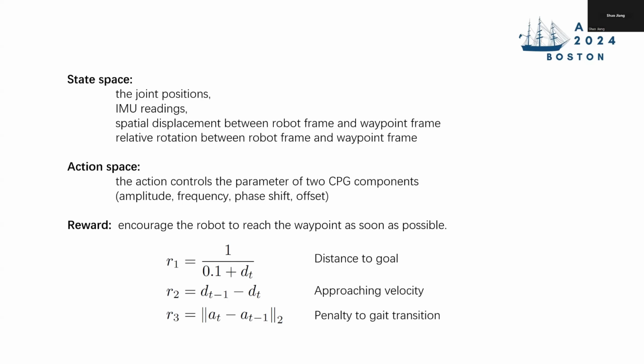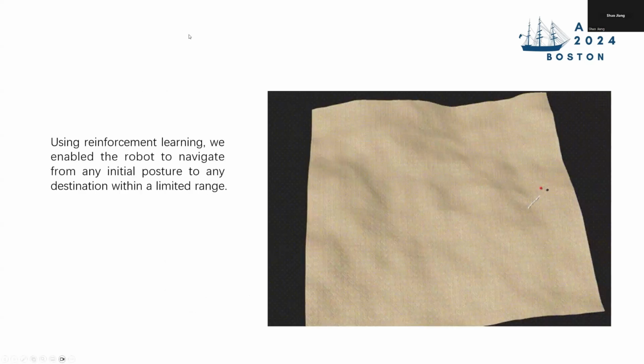This transition will be penalized, so the robot will not walk jerkily, but navigate or move more smoothly. Here's a demonstration of a robot in a confined space, from any initial posture to approach any destination in the area. In this way, the robot learned to navigate to an arbitrary next waypoint in its neighborhood.